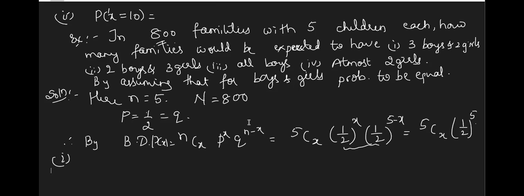So what is the value of X we have to consider? I'll just mention this P is nothing but the probability of having a boy, so that you may get a little correct idea. Now, tell me, 3 boys and 2 girls. I cannot use 2 X's. What value of X do I have to use?